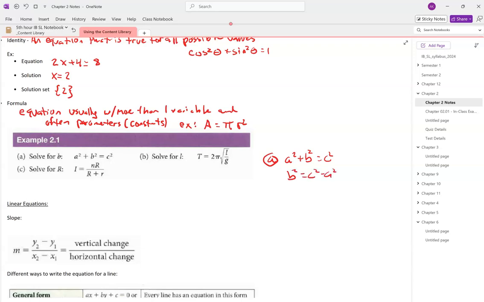Then what? Square root both sides. Okay. Anything else? Am I missing anything? Not quite. There is something missing though.